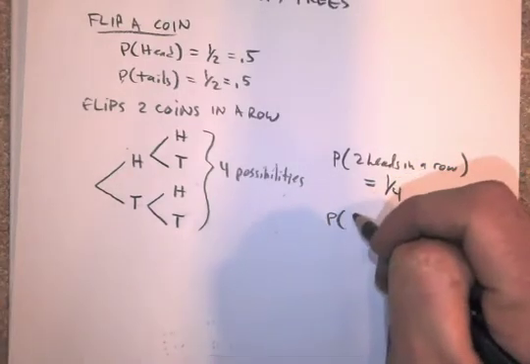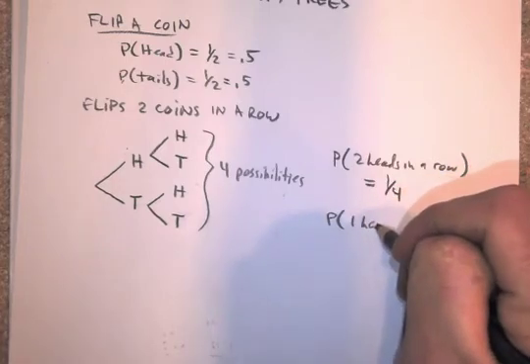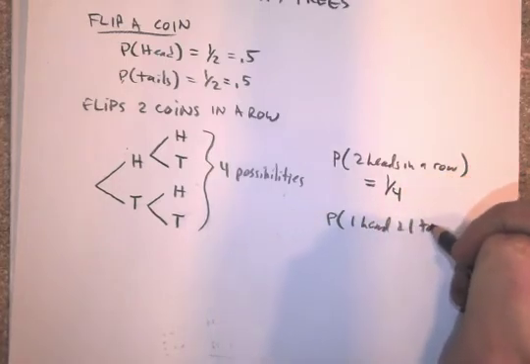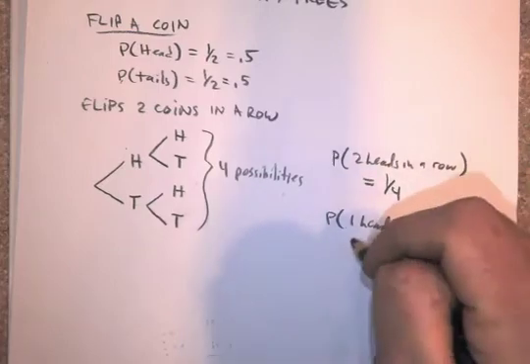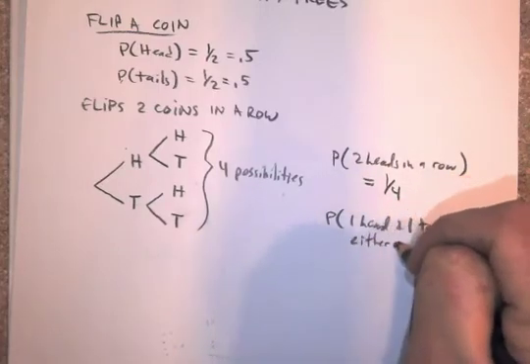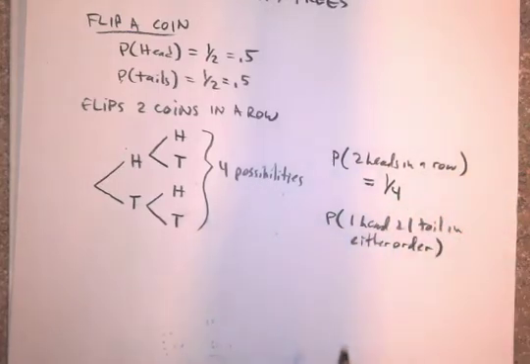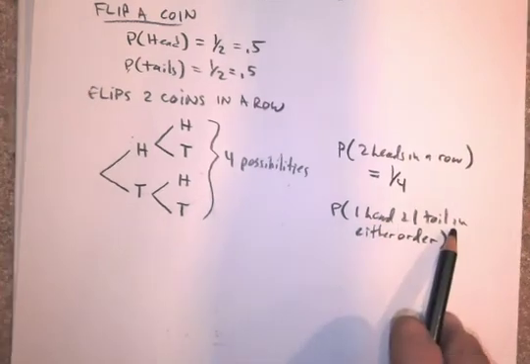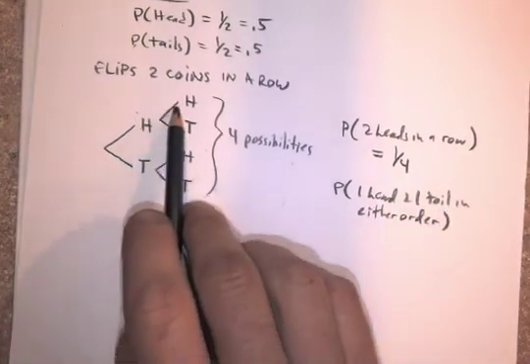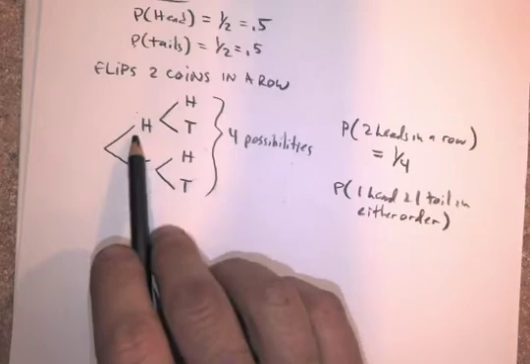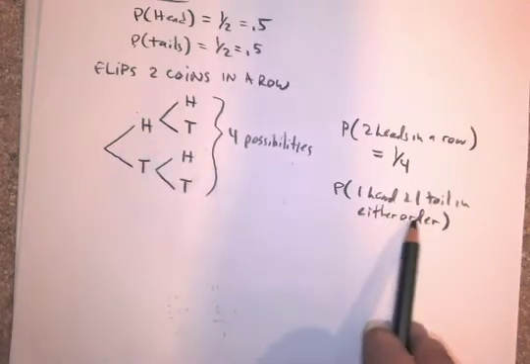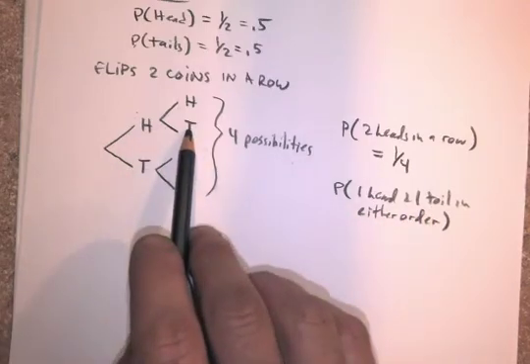Probability of 1 head and 1 tail, and it'll say in either order. So the probability of getting a head and a tail in either order. Here's head, tail. That's a head and a tail in either order, so it doesn't matter if it's heads, tails, or tails, heads.